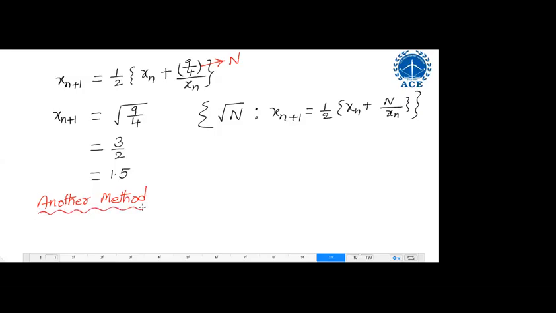Another method we can do like this also. Tell me, when do we stop the iteration process?